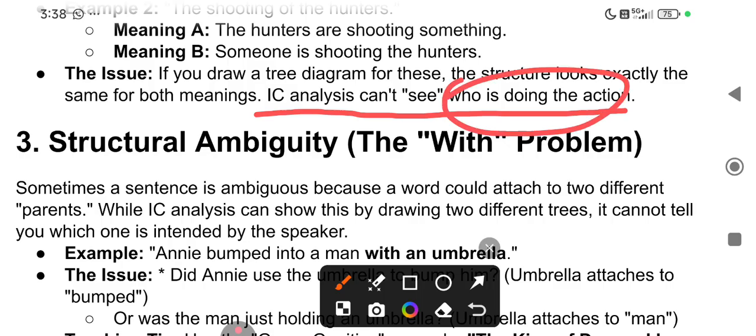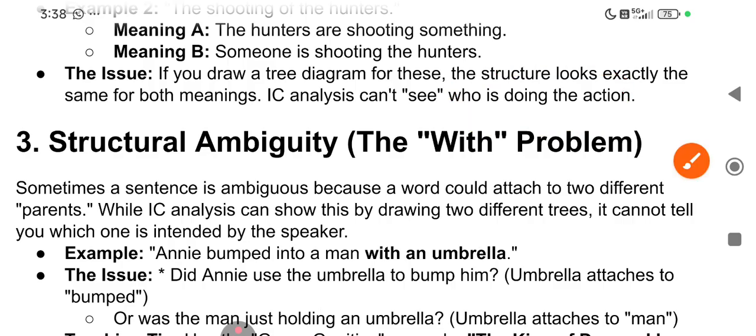That's a problem. However, we are able to analyze the sentence. But IC analysis cannot solve the problem of ambiguity, because the surface structure is common. If you draw the tree diagram of these, the structure looks exactly the same for both meanings.